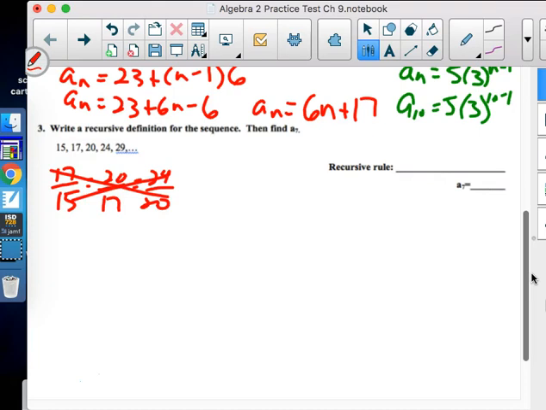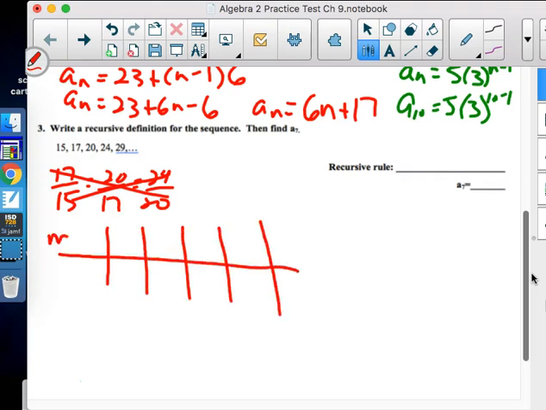So now we have to go back to, how did we do these before we knew the formulas? Anybody remember? N equals and a sub n equals, and we're going to look at the chart and try to figure out how could we tell somebody how to get this.